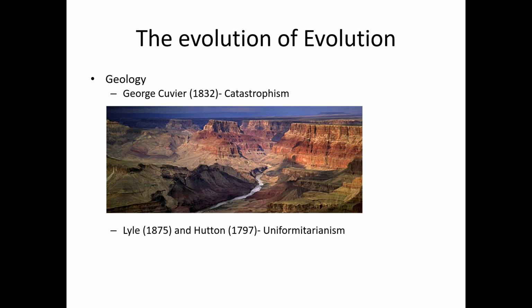But Lyell and Hutton, at different times, but their ideas were kind of combined, formed this new notion known as Uniformitarianism. Notice the important word there is uniform. So what they noticed was, when there are earthquakes today, new mountains don't just show up. They might grow by a half inch, but they don't just show up.